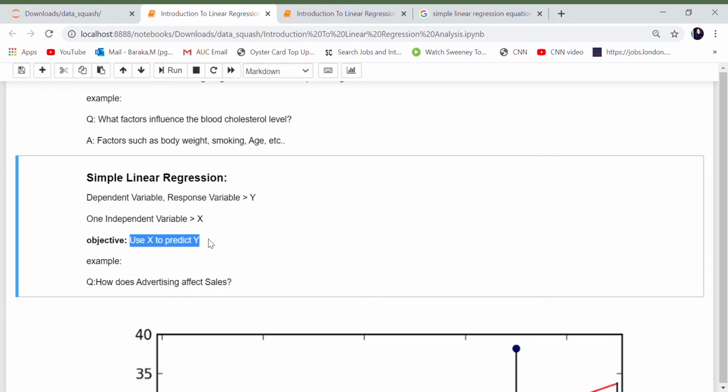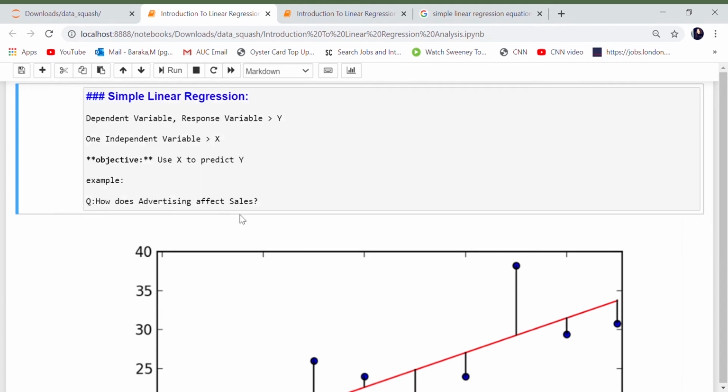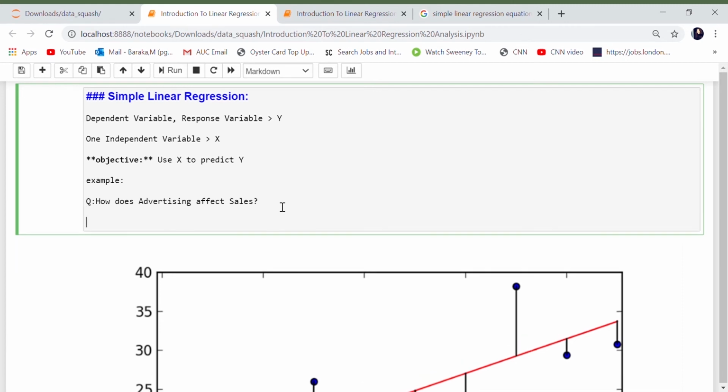All right, so I have a very small example for you. Here we have a question: how does advertising affect sales? This might be a question for a company that wants to know how much to spend on advertising and how that affects their sales. So a good and interesting question that they might ask in the beginning is, does advertising even affect sales?